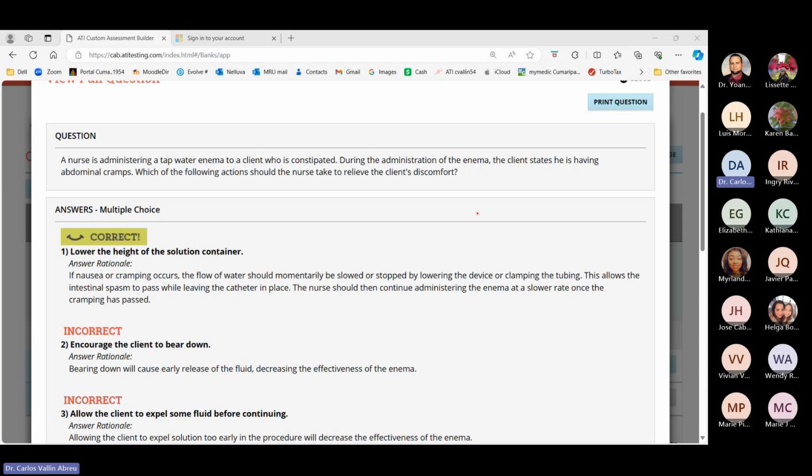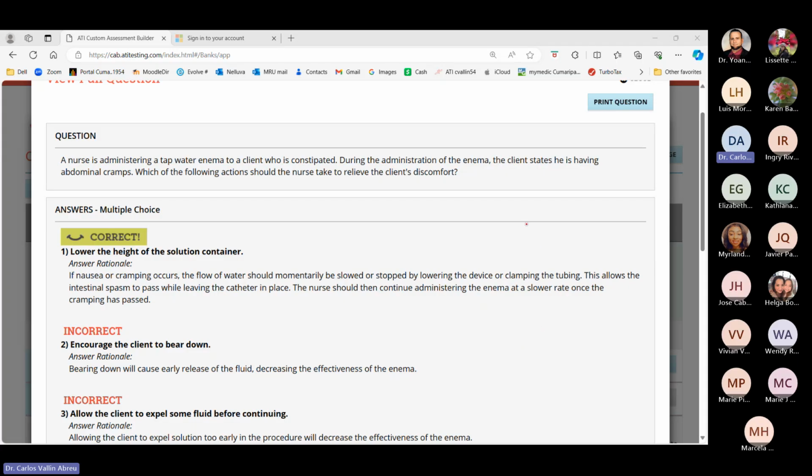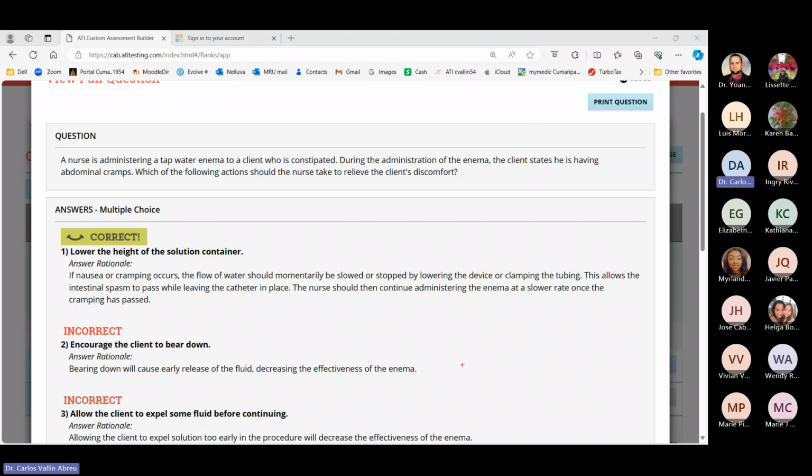When you're administering an enema, here is the bag with the liquid, and here is the client in Sims' position, and here is the liquid coming. The height of the bag in relation to the anus will determine the speed with which the liquid enters the intestine.